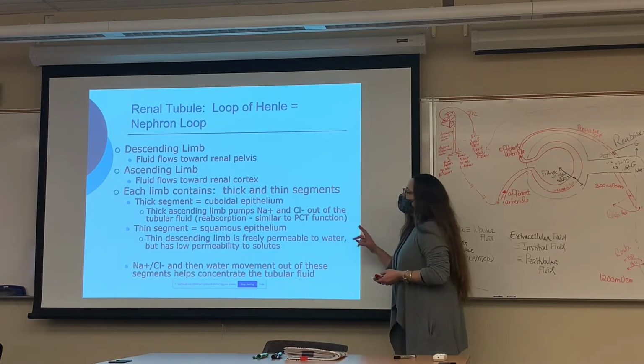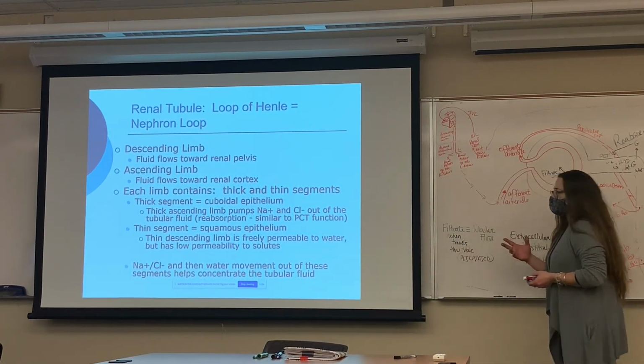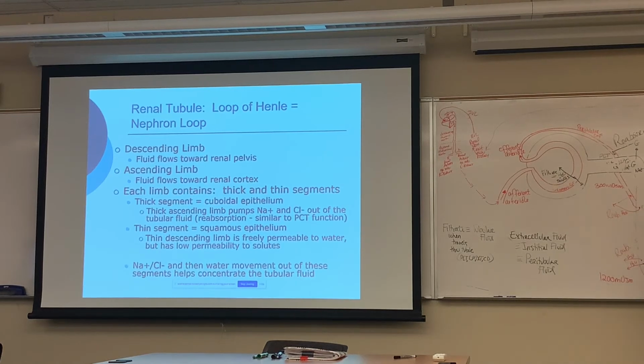What we're going to see at the loop of Henle, or the nephron loop, is this process called countercurrent multiplication, and we're going to look at sodium and chloride, with water passively following, getting reabsorbed.